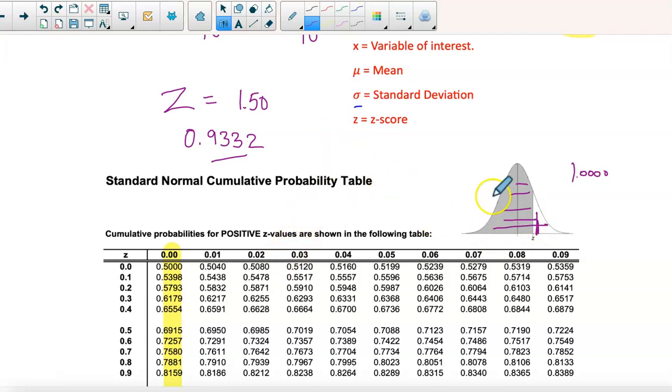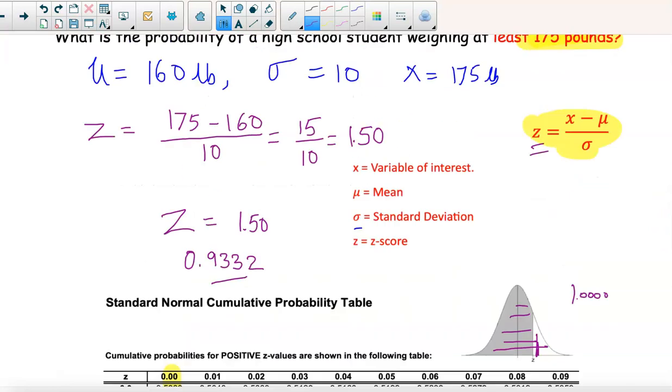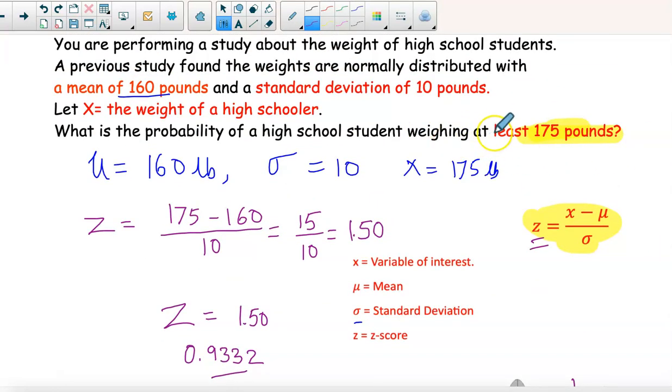But you are trying to find the chance of getting 175 or greater than that. Did you see the word here? It is saying at least, correct? So at least 175 pounds. So anything above 175, exactly equal to 175 or greater than 175. I have to find the probability of getting a number which is greater than or equal to 175.